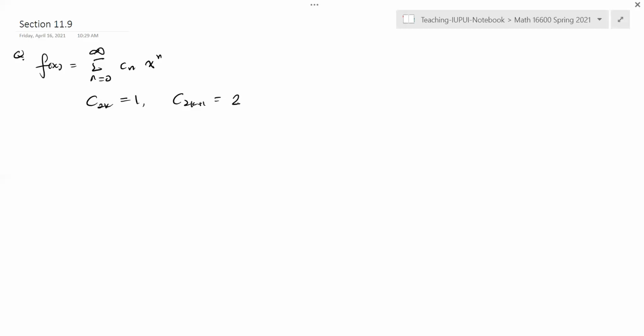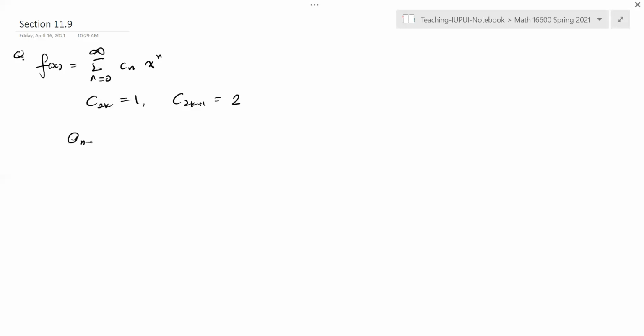Here we have to use either the ratio test or the root test to find the radius of convergence first. Find the radius of convergence first, then you check the endpoints. You have two tests you can use: the ratio test or the root test.